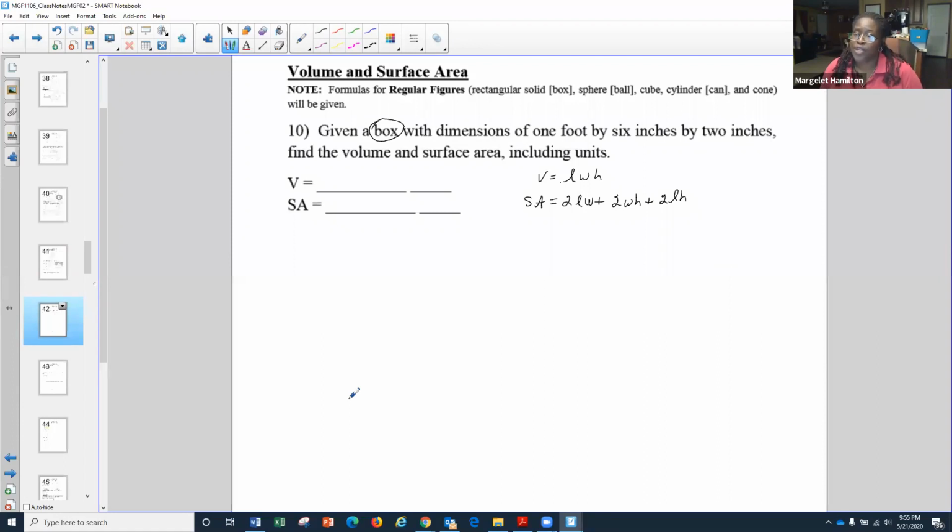Now, if you want to draw a picture, draw a picture. Sometimes it helps us to put in perspective where these dimensions go. So here's our picture. Again, it's not rocket science. You can be looking at your formula sheet and copy it from there.